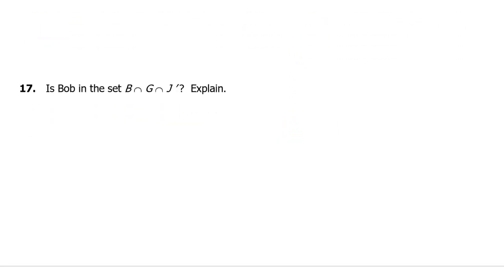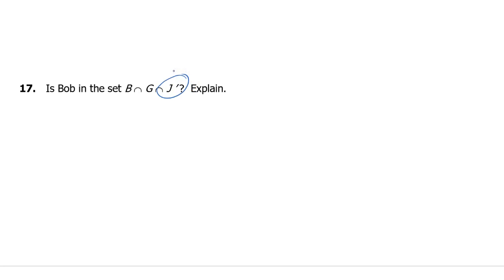Now, last question. Is Bob in the set B intersection G intersection J complement? So this is going to be the set of people who are in B and G but not in J, right?